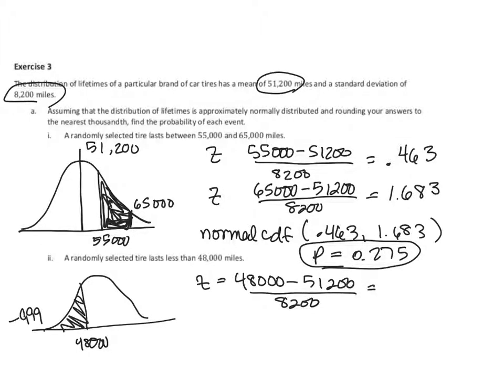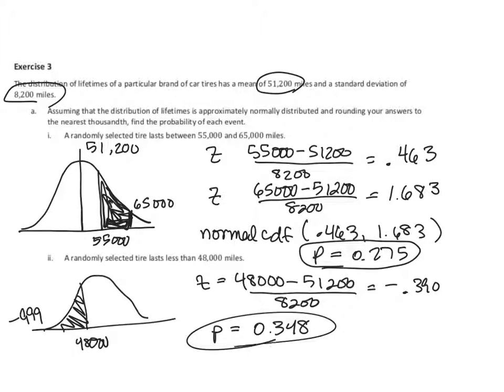I get a z-score of negative 0.390. I'm going to put that into my normal CDF. So second distribution, negative 999, comma, negative 0.390, close parentheses. I get a probability of 0.348.